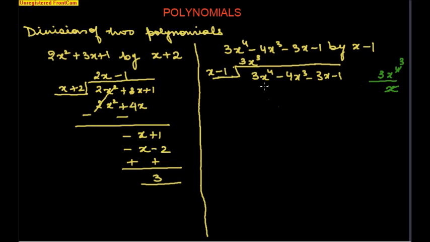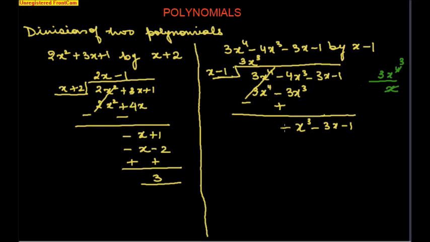So we write down here 3x cube multiplied by x gives us 3x to the power of 4 minus 3x cube. We change the sign because we have to subtract them. This gets cancelled and I get minus x cube minus 3x minus 1.